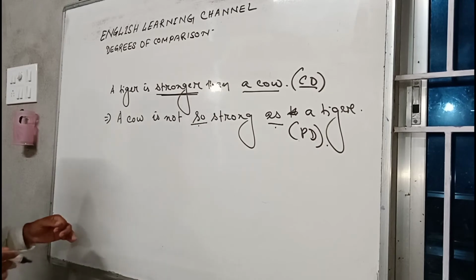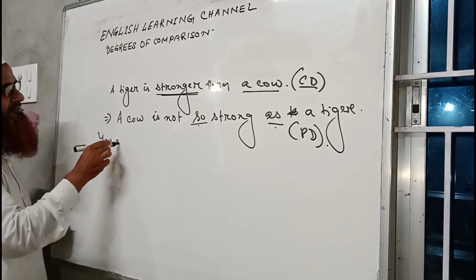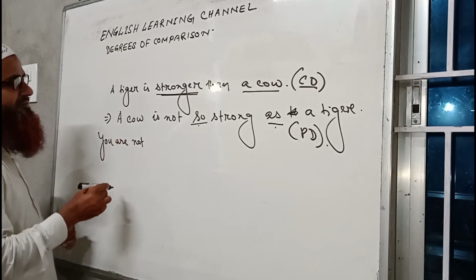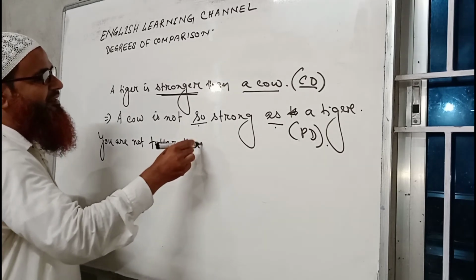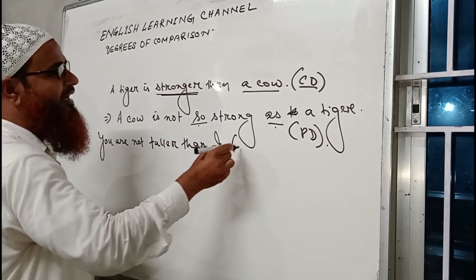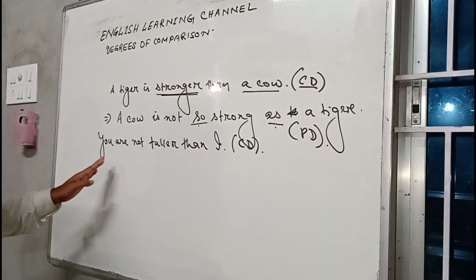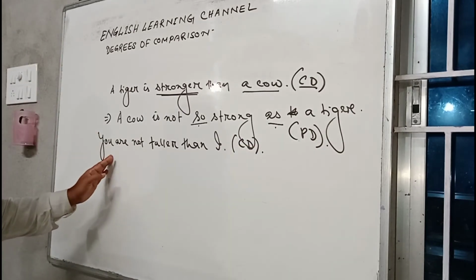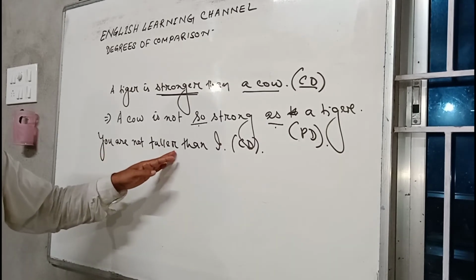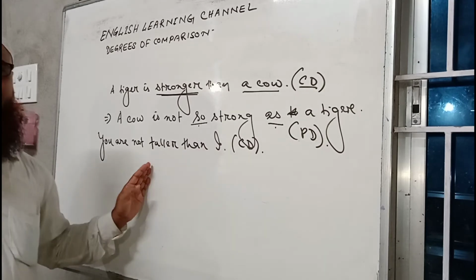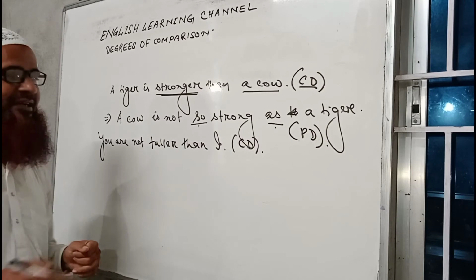Again, I may write: you are not taller than I. Again, this is a sentence of CD, comparative degree. Here I am telling you one thing. Some people want to write that you are not taller than me, but it is not correct in grammar.